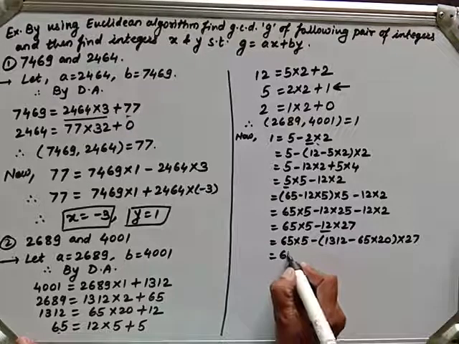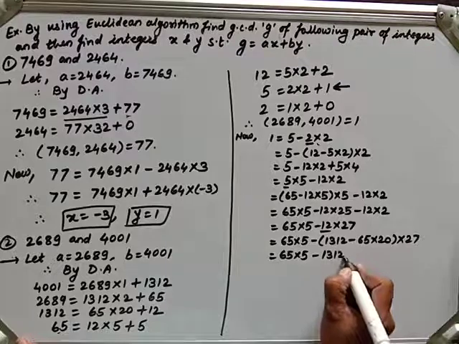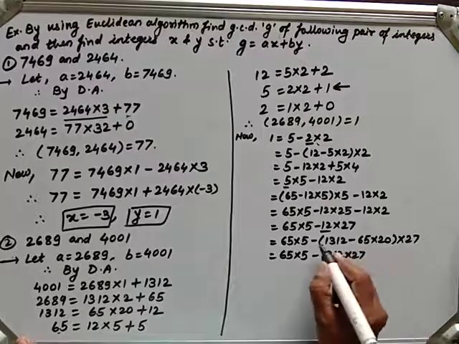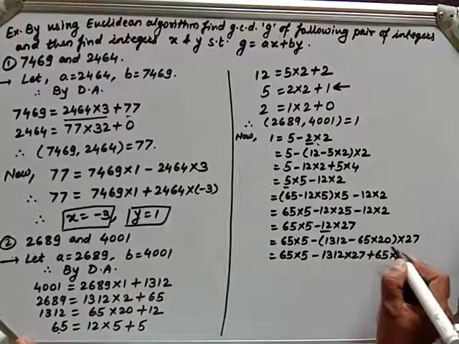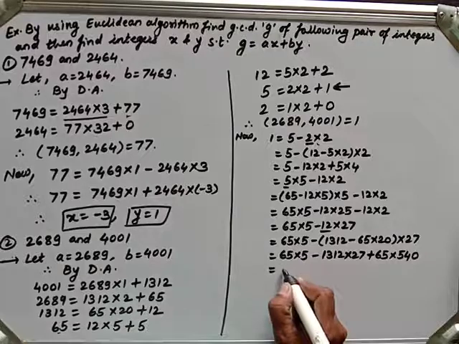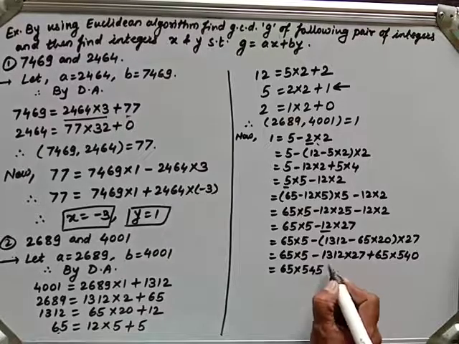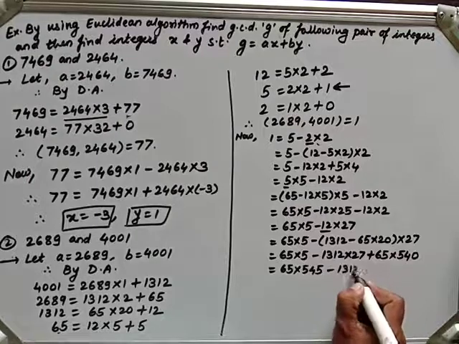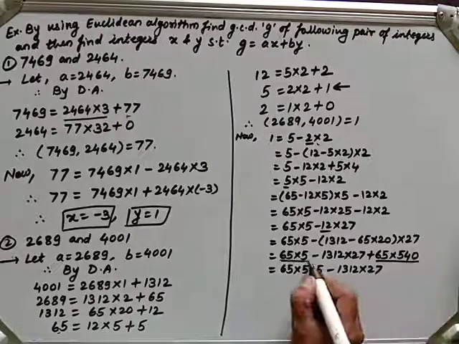So it will be 65 multiplied by 5 minus 1312 multiplied by 27, and this minus minus becomes plus 65 multiplied by 27 twenties, so 540 is this. So this will become 65 multiplied by 545 minus 1312 multiplied by 27. These we have added.